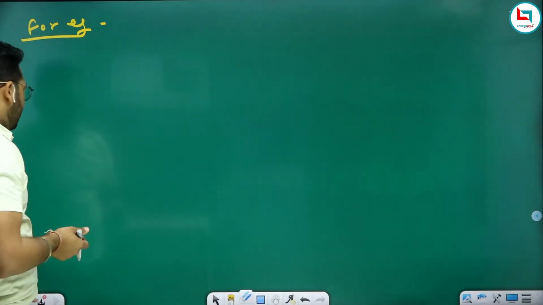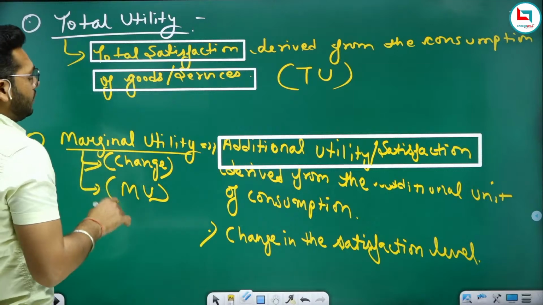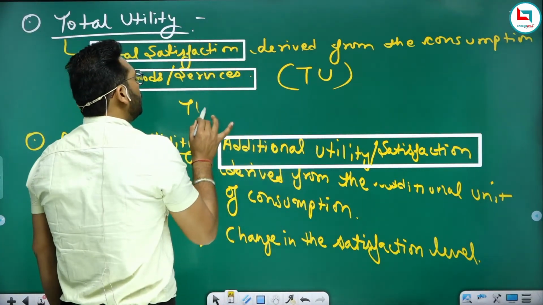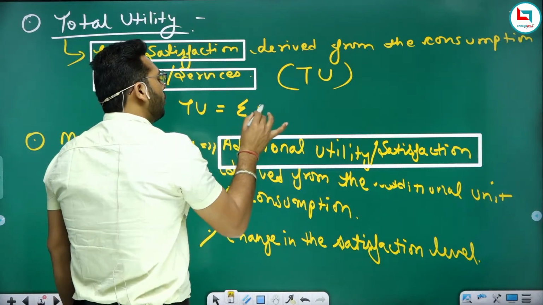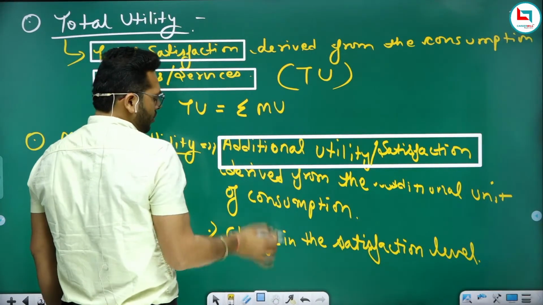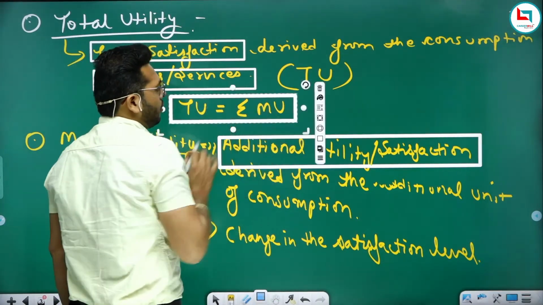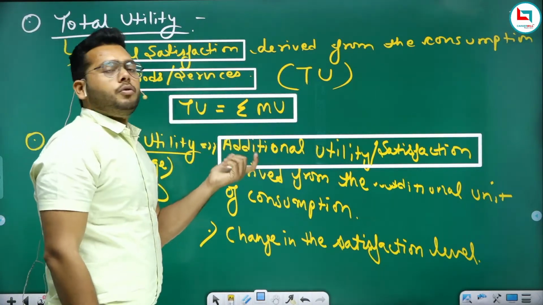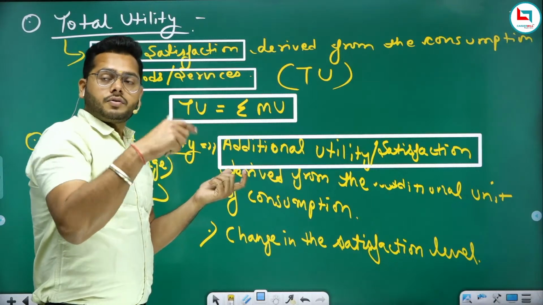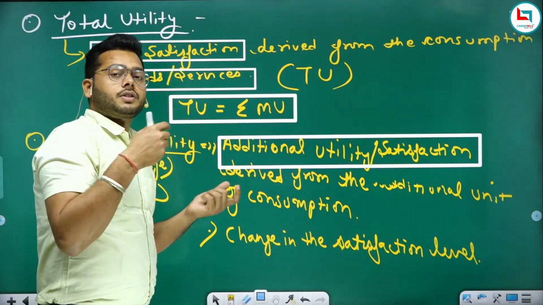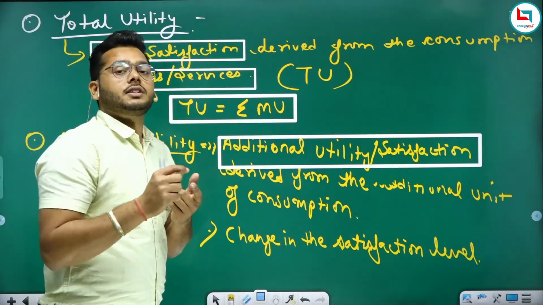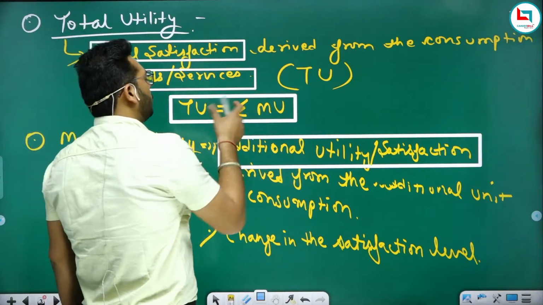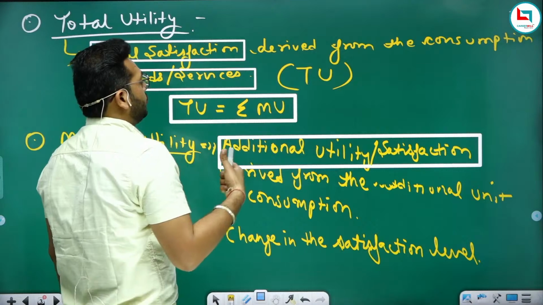So we can write here the formula of total utility: TU is the summation of MU. Summation of MU means the amount of satisfaction you are getting after every additional unit of consumption. It is the summation of marginal utility that gives you total utility.